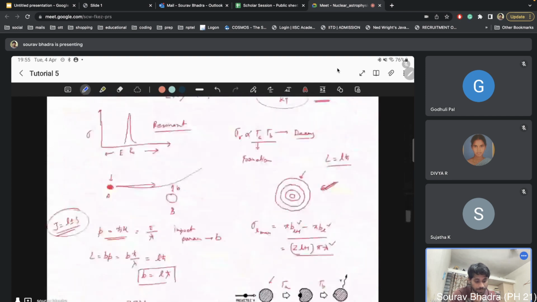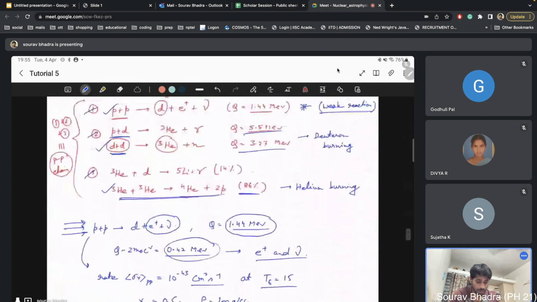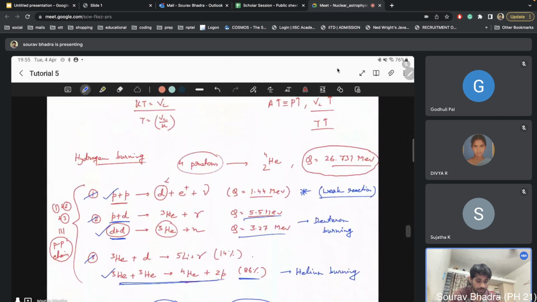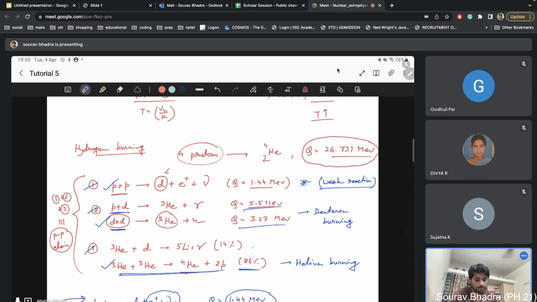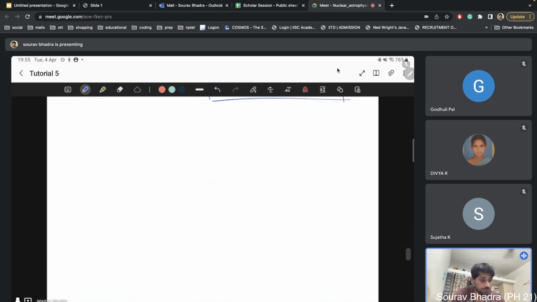Up to this point we have just completed the PP chain, which is the hydrogen burning, then the deuterium burning, then the helium burning, and in the overall process 4 protons are creating a helium nucleus. I have not gone to the CNO cycle yet, that I will go in the next class, because first we have done the reactions up to helium.